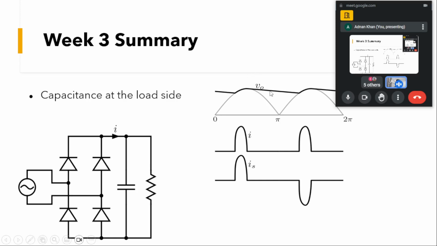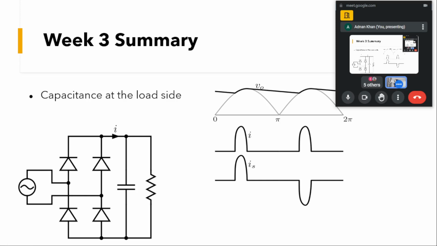But the disadvantage, you can see here, is that we have a current of a peaky nature, and due to this peaky nature it will have a very high THD. This supply will be connected to some other devices, which I had also discussed in the previous week.